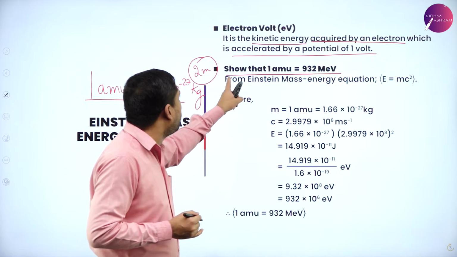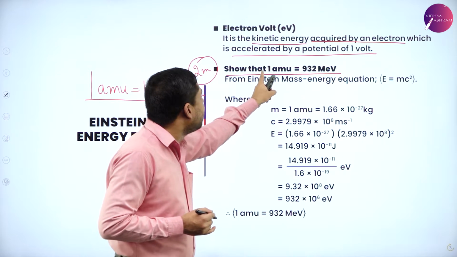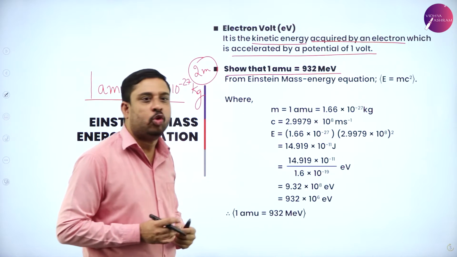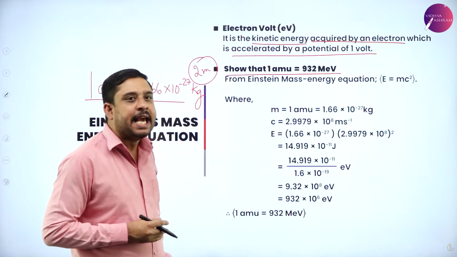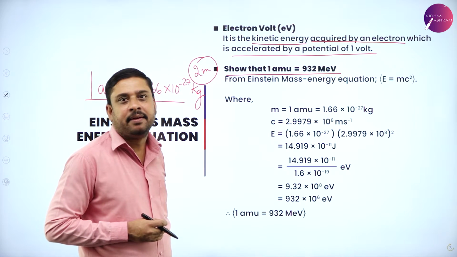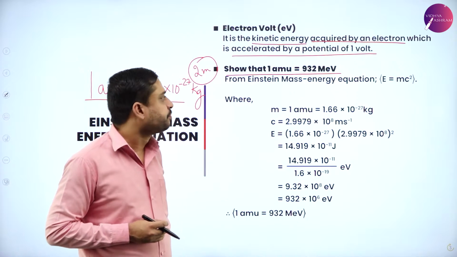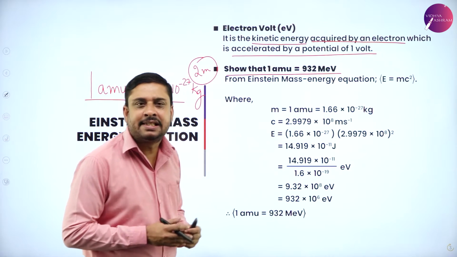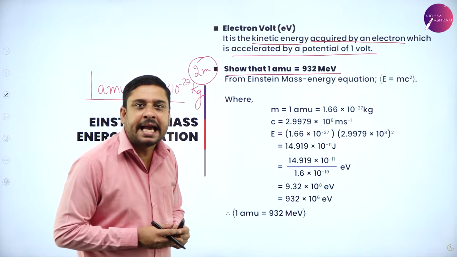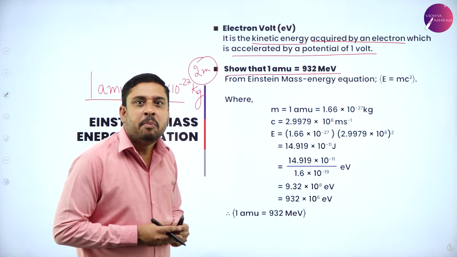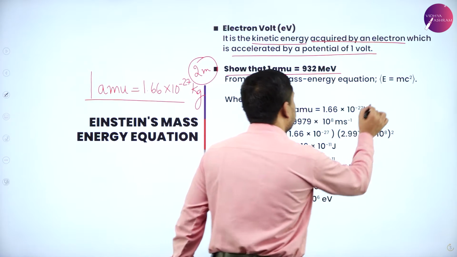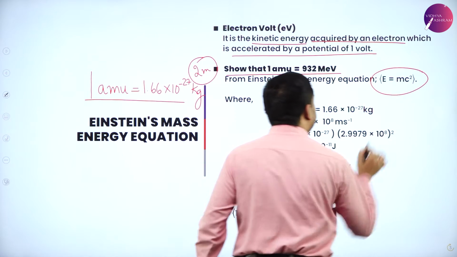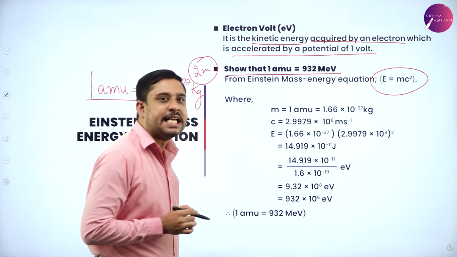But now I am proving one atomic mass unit is 932 MeV. How? Now I will consider Einstein's mass energy equation. So, E is mc square.